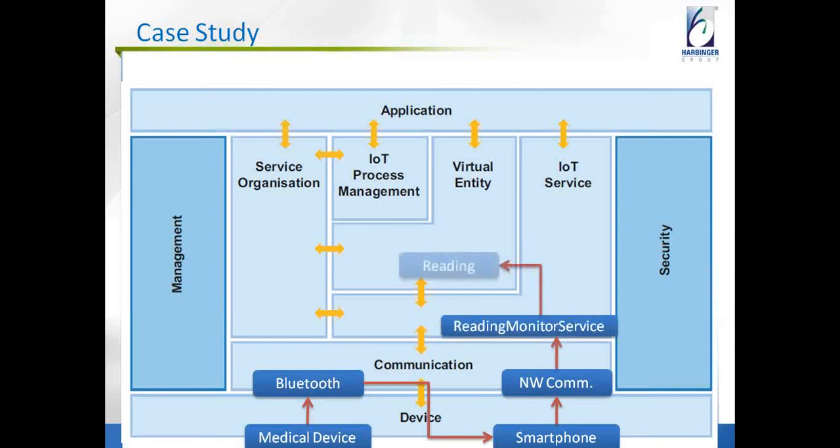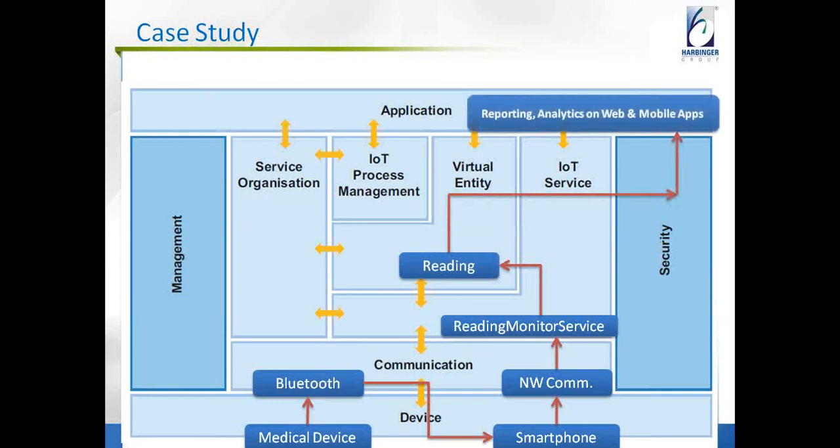Now, here is a quick workflow of the basic events and the components of the application in accordance with the functional model that we just looked at. The communication layer and the device layer is where most of the data is transferred between one device and the other, where the medical device and the smartphone are involved, and the data is staged at the smartphone first, and then sent back.